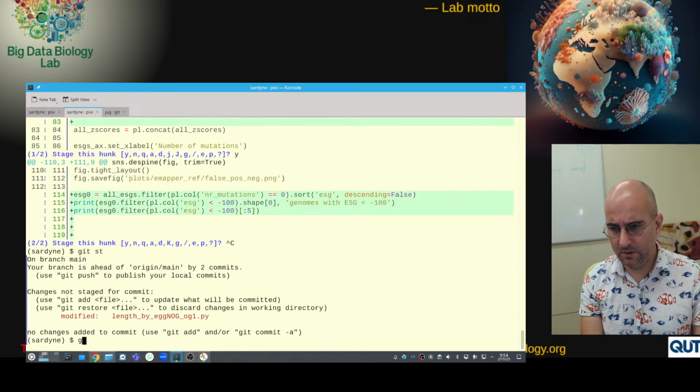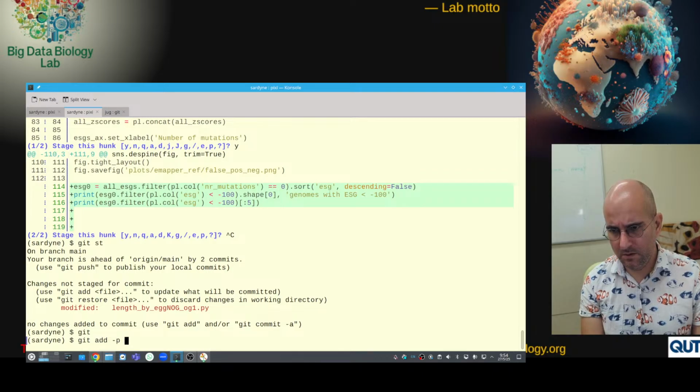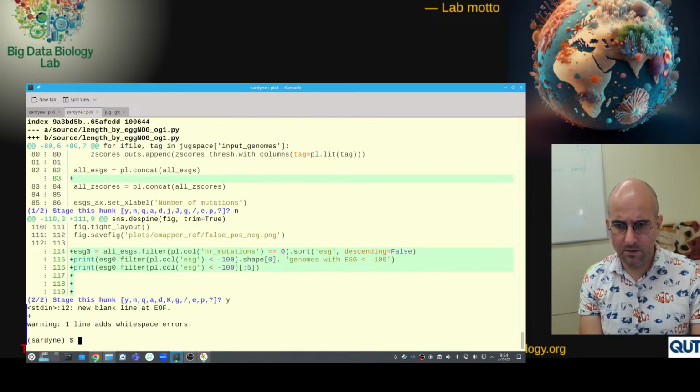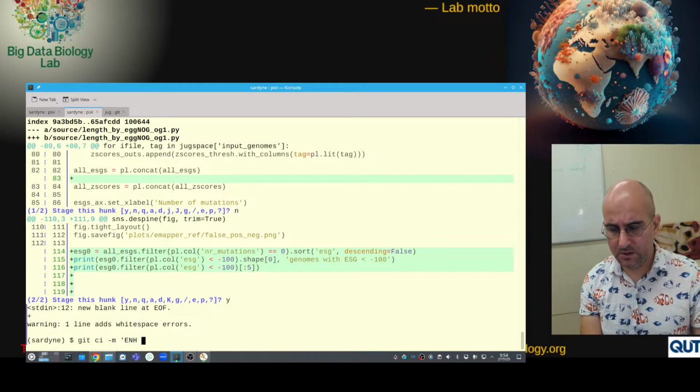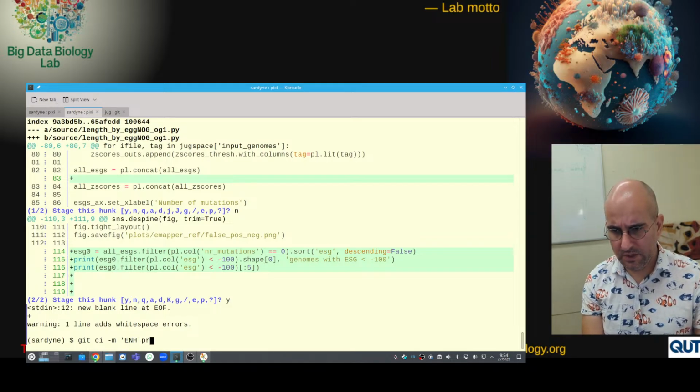It's a little bit of work in progress, but just print out.